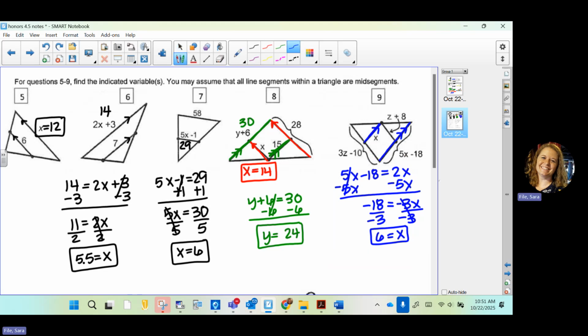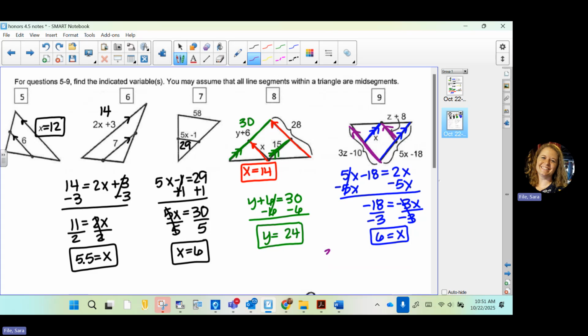Okay, now for the other, this z plus 8 is my midsegment. Oh, and I didn't put the same number of arrows in blue. I think that one erased, maybe. There we go. Okay, so this one is parallel to this side. So again, I'm going to do that same setup, but this time it's not just z, it's z plus 8. So the parentheses are going to matter.